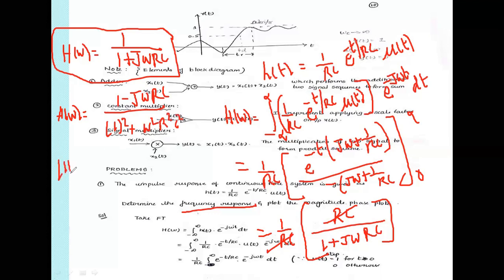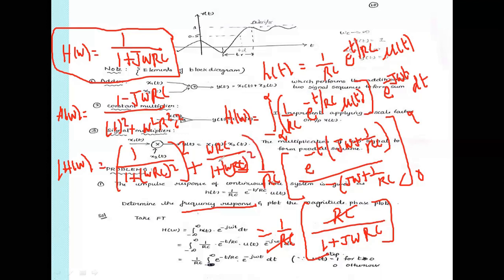So the magnitude of H of omega is equal to under root of 1 by 1 plus omega RC whole square, plus omega RC by 1 plus omega RC whole square, whole squared. This is the magnitude.